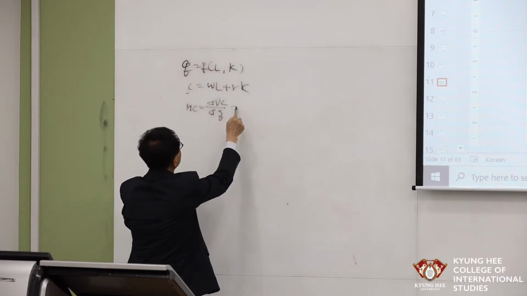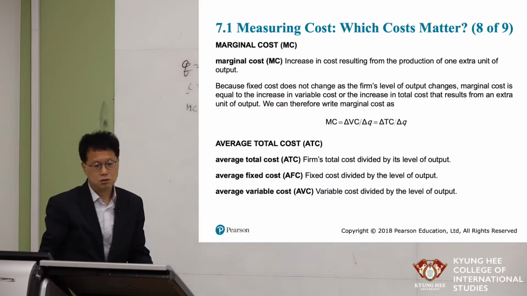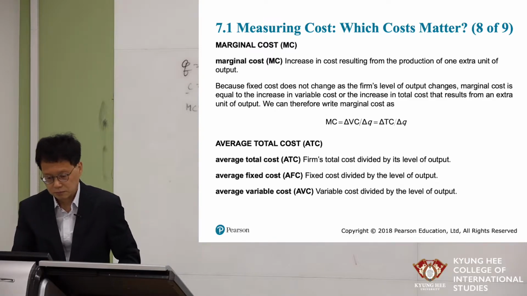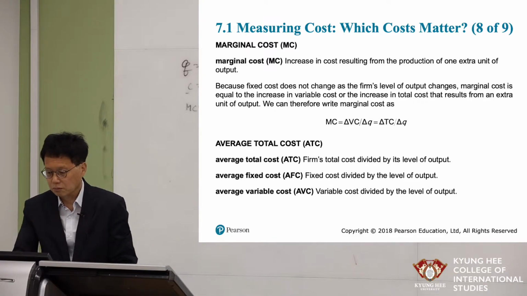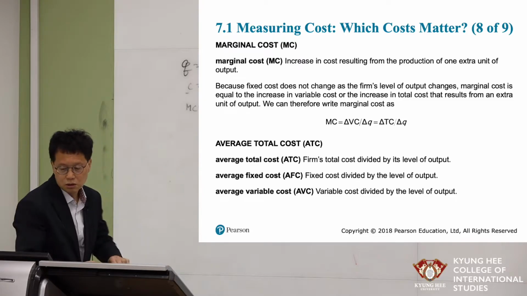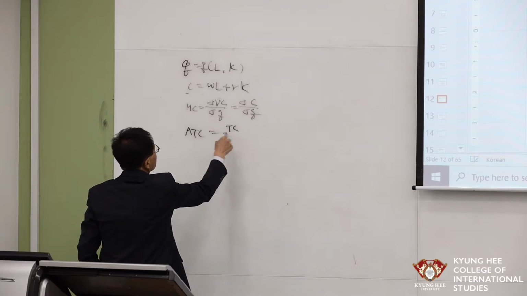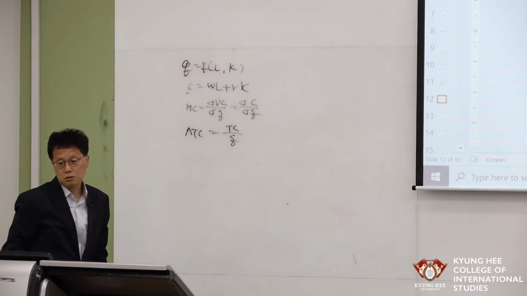Or this is the same as change in total cost over change in Q, right? So marginal cost is change in variable cost over change in Q, or change in total cost over change in Q.